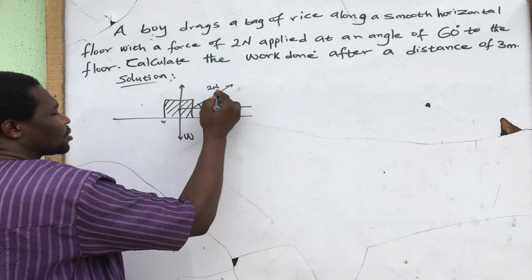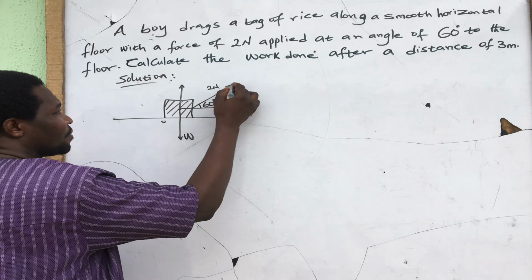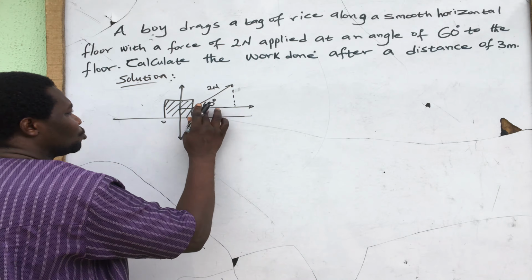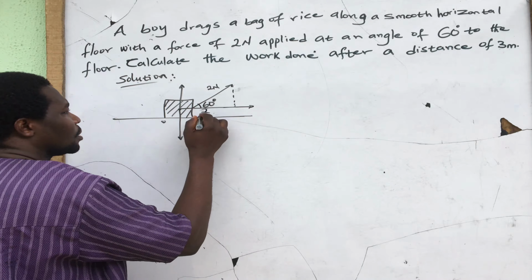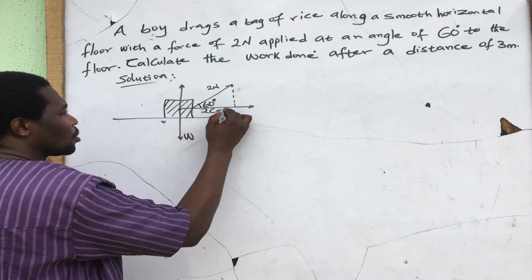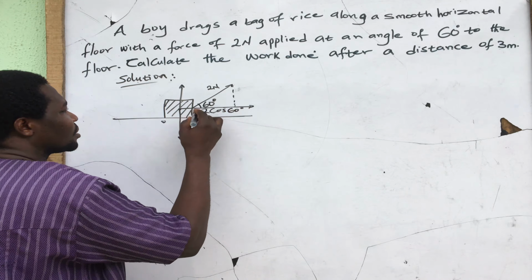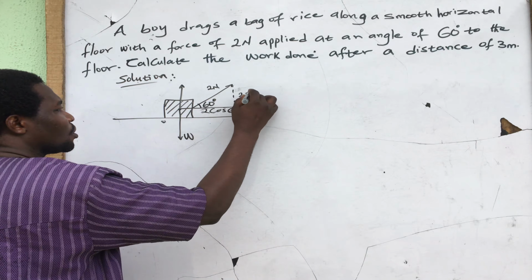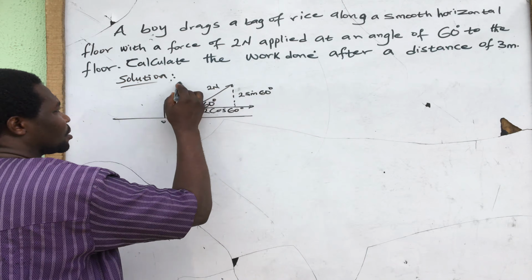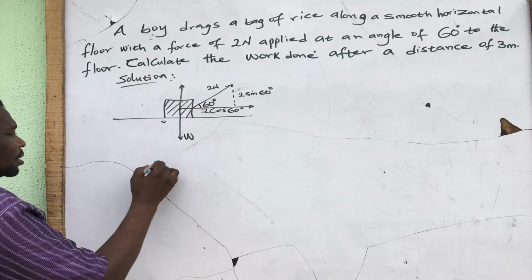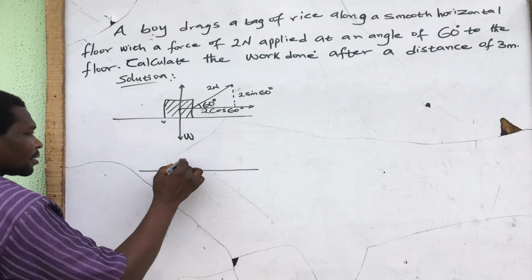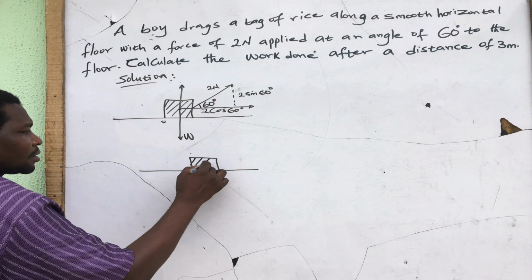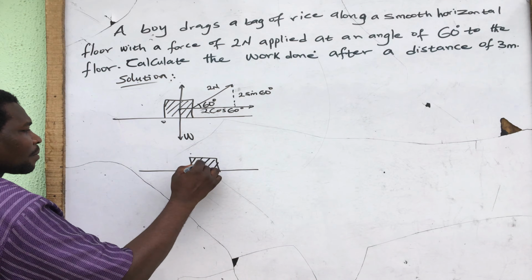Now for the components, we have 2 cos 60 degrees, while here we have 2 sine 60 degrees. So I can draw it: I have the horizontal and this bag of rice.